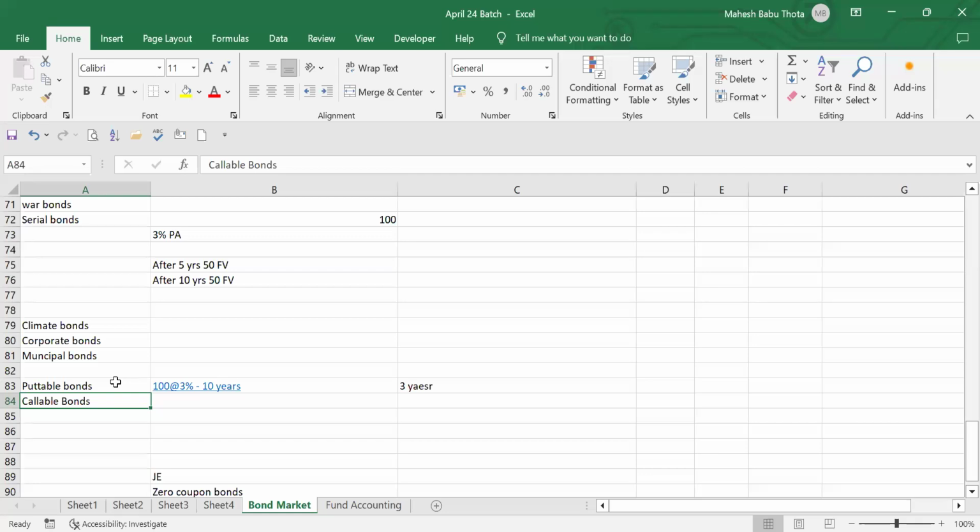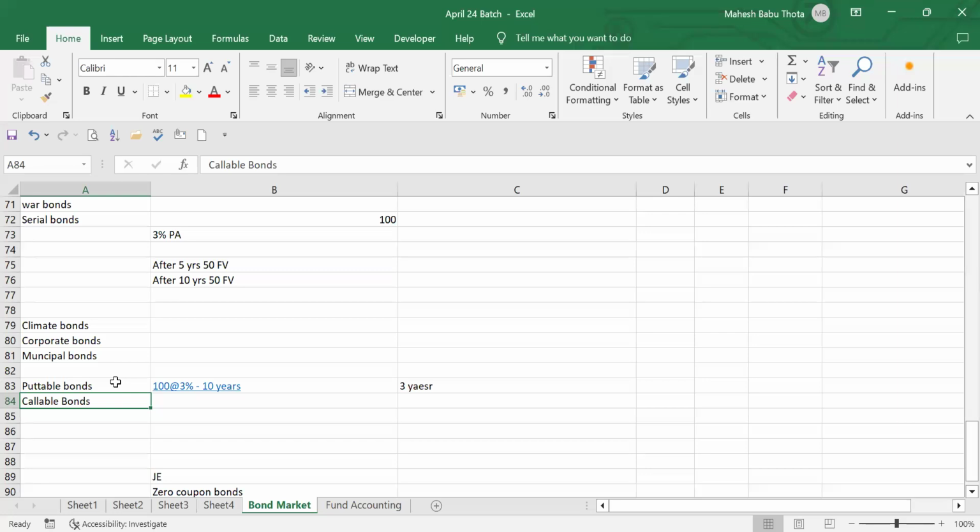A callable bond means it's a redeemable bond. The issuer may redeem before it reaches the maturity date. If the maturity date is 10 years, after 5 years, maybe even after 2 years, they can force the bond holder to take back their capital.